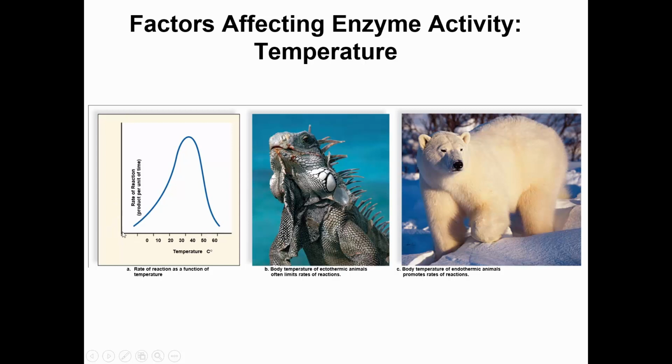And what we notice is that the reaction rate is very low at a low temperature, and then as the temperature increases, it goes up and up, and then it peaks. And then as the temperature continues to increase, it goes down and down, and eventually the reaction goes down to absolutely zero.